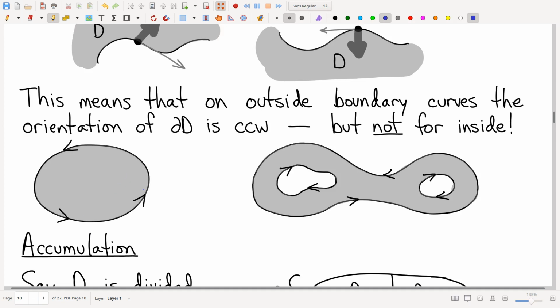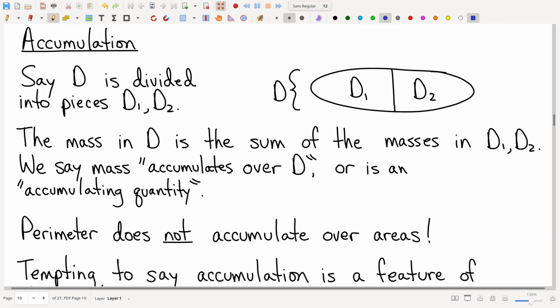Okay, all right, now let's talk about what we mean by accumulation. Y'all have heard me talk about accumulation quite a bit. Accumulation is at the heart of everything that we ever do with integrals. Every integral is of a quantity where the whole is the sum of the parts. Mass.